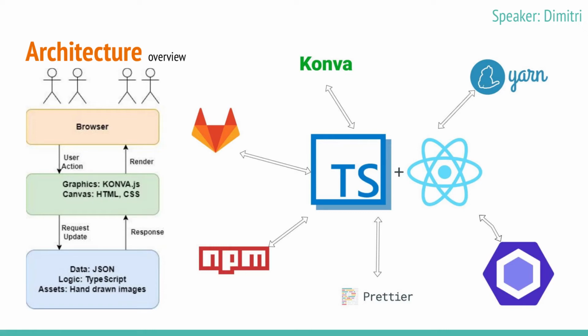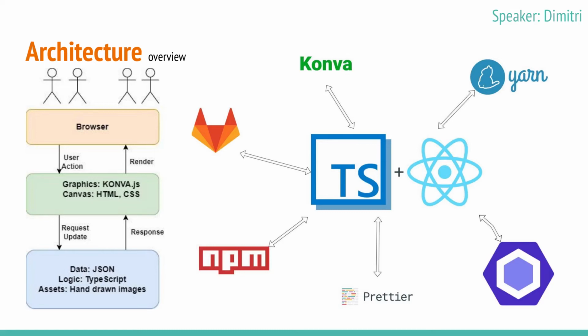The styling was done, of course, in HTML and CSS. All our 2D animations that really bring our project to life and make it visually appealing to play were taken care of with the Canva library. We stored some of our static data for our maps, for instance, in JSON files, and all of our hand-drawn assets were made by a couple of very talented people on the team.